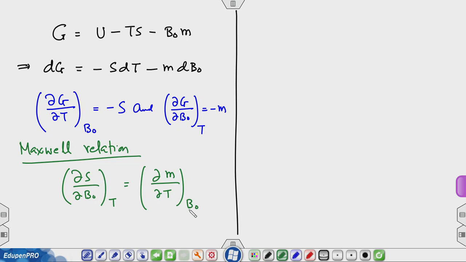Next, I am going to apply this Maxwell relation in a problem.